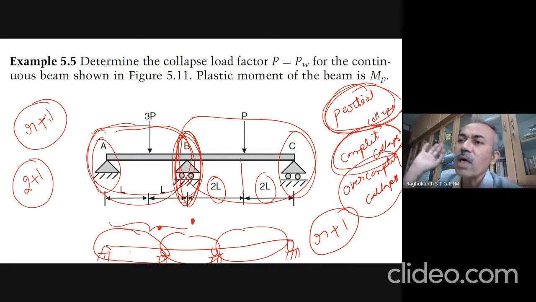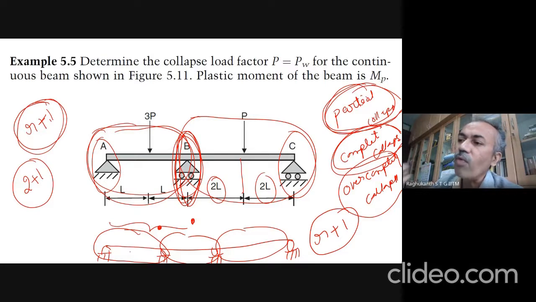When it comes to continuous beams or portal frames, if the number of hinges is smaller than R plus one, it is a partial collapse. If both are the same, it is a complete collapse, and sometimes you may require more hinges than R plus one, which is what they call over complete collapse. Anyway, we will not go into these details; you will study them in great detail in your advanced structural analysis course.